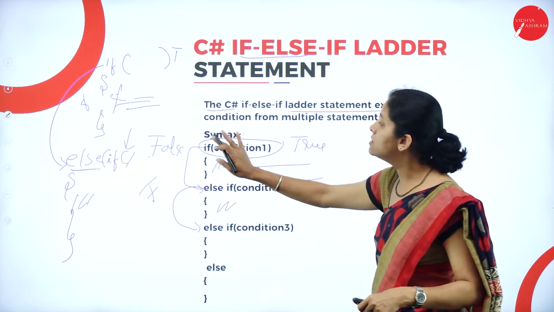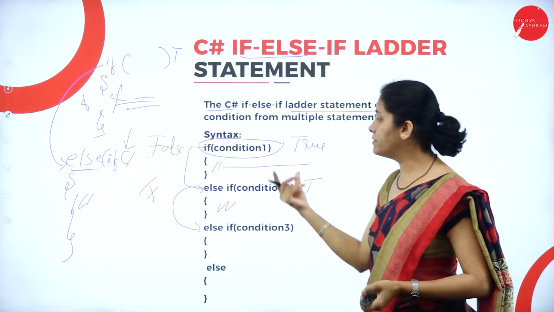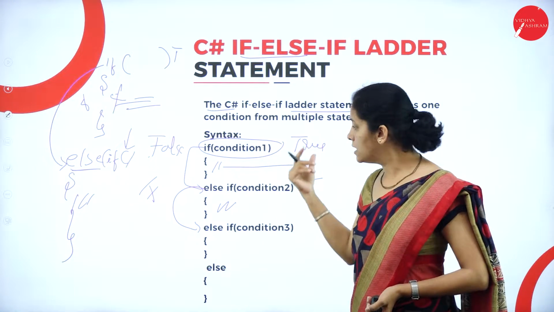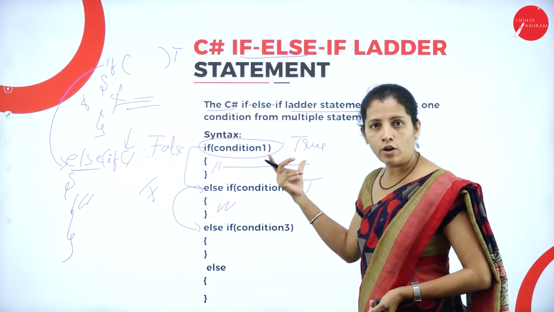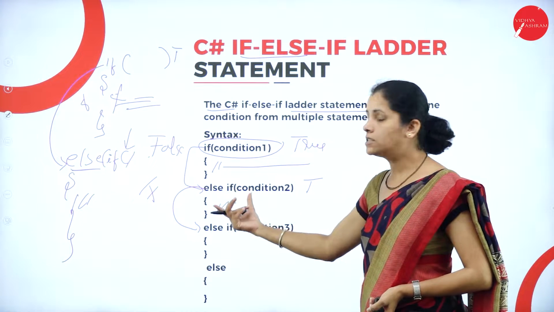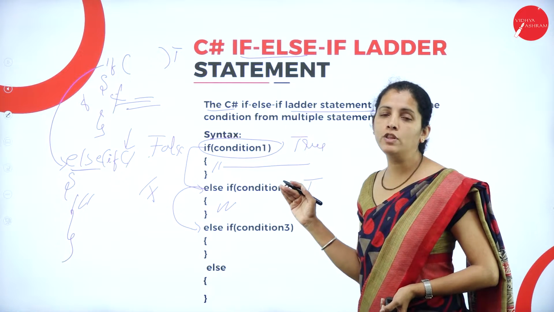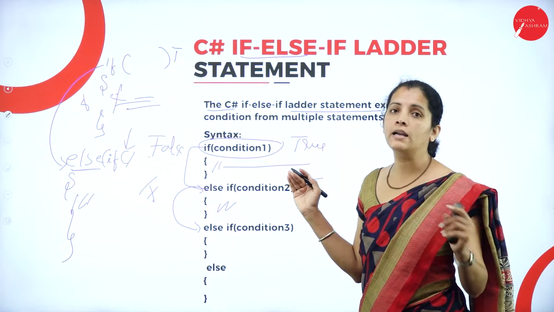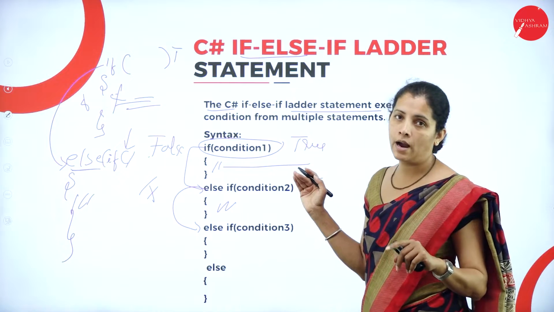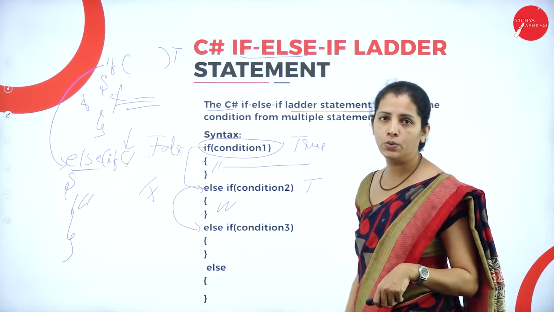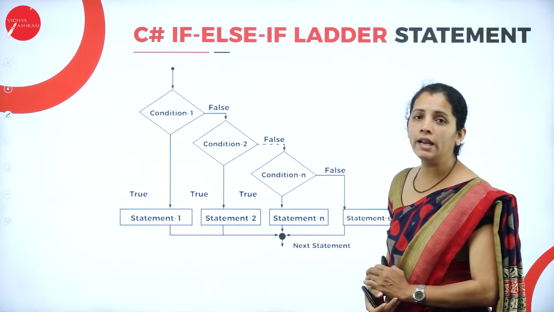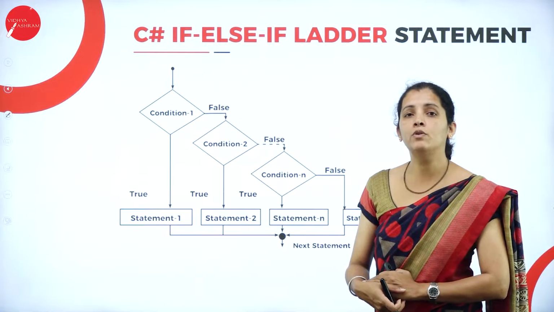So this is the syntax. So I'm going to have the condition. If this is true, then execute a set of statements. Else, once again check the condition. So here also I'm going to have two parts, that is true part and false part, and it's going to continue.